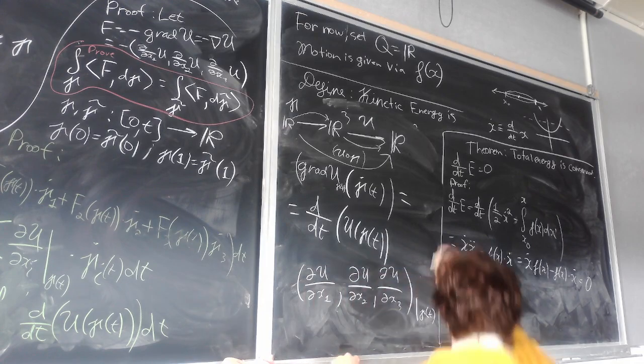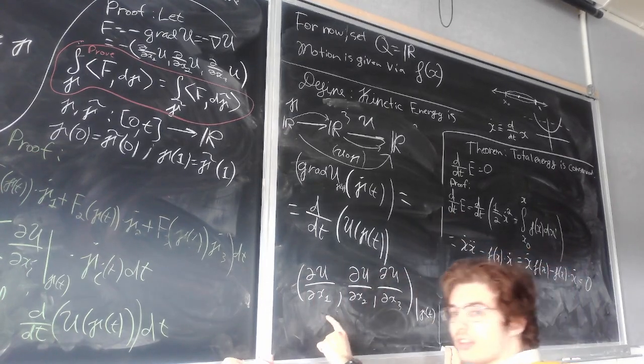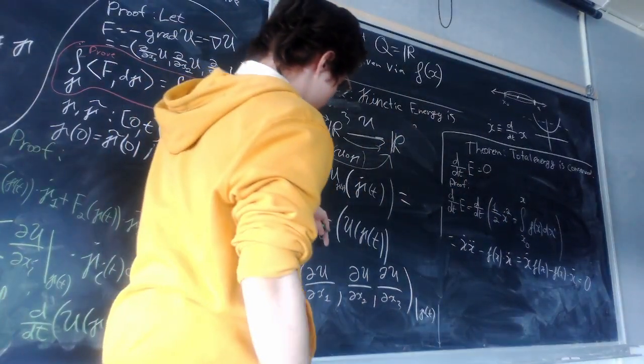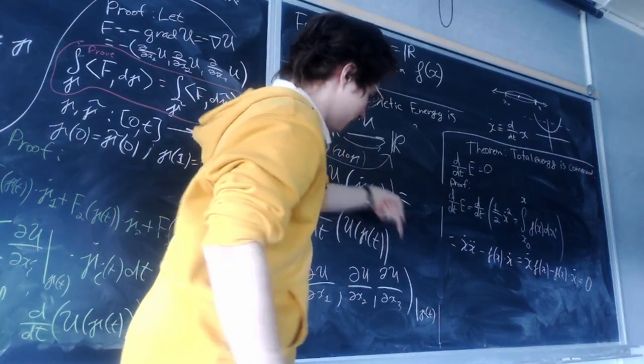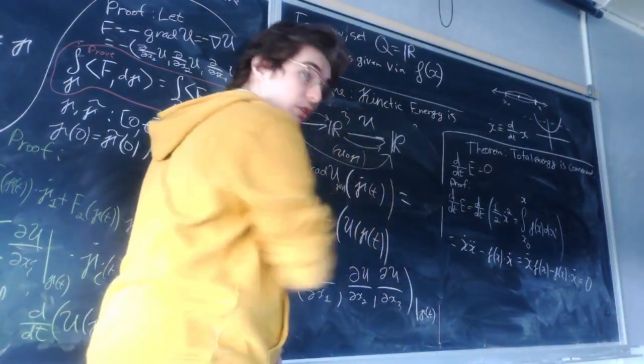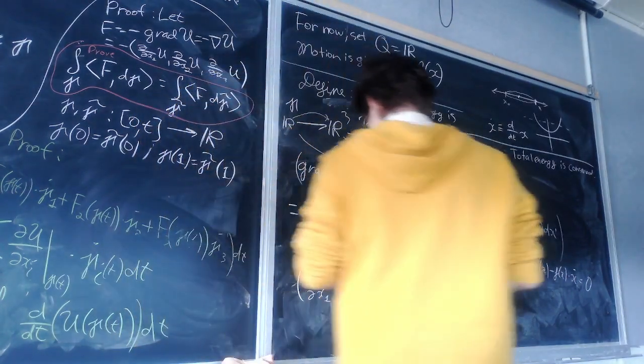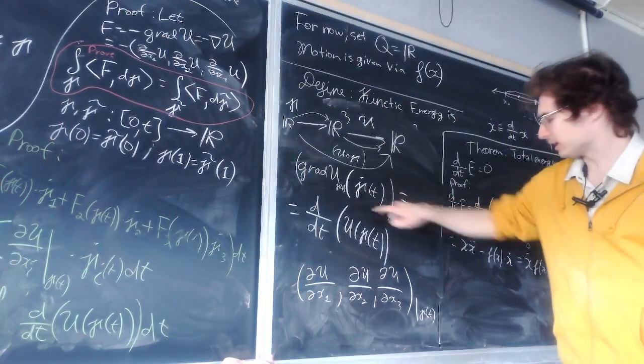And as you can see, this is a matrix that takes as input vectors like e1, e2, e3, and outputs a one-dimensional thing. So this is the best linear approximation of u. But first, I need to plug into it gamma dot.